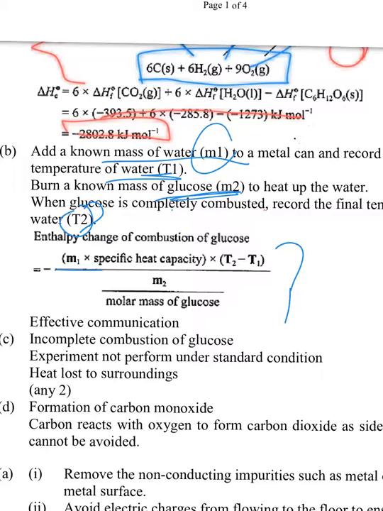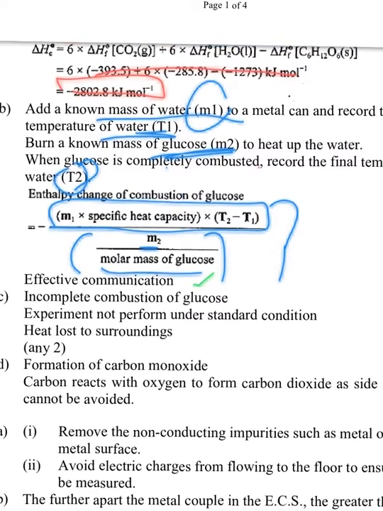The first part, mc delta T, will be the energy evolved, and then the lower part, M2, which is the mass of glucose divided by the molar mass of glucose. We find out how many moles of glucose you burnt for the temperature rise of the water, and then you can do the calculation. 1 mark for effective communication because it has an asterisk beside the question.